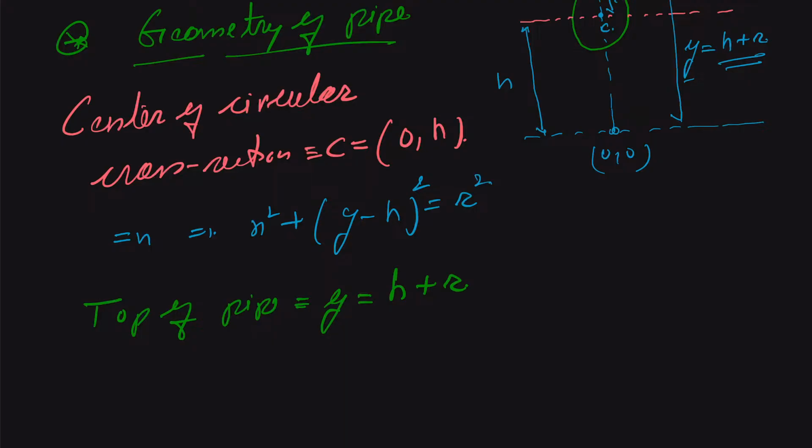This is a concept or theorem we have studied many times, and it states that for a minimum launch speed, the projectile's highest point must lie directly above the pipe's center. Because we have to find the minimum launch speed.